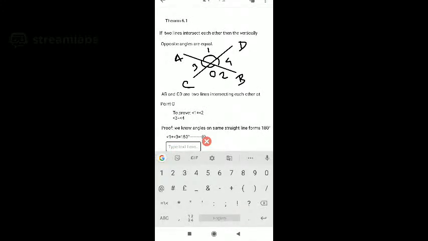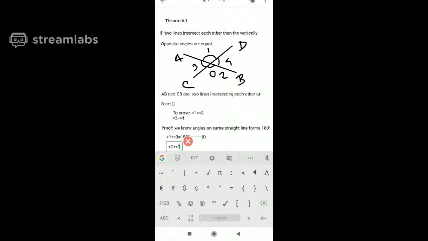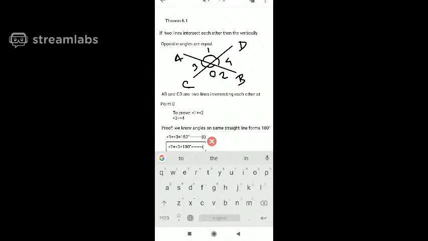So we take angle 2 plus angle 3 equal to 180 degrees, and I am going to mark this as number 2.